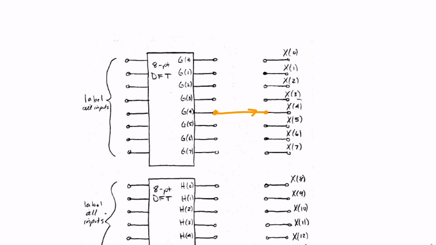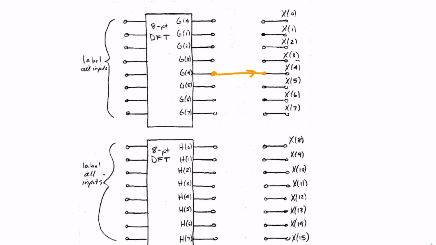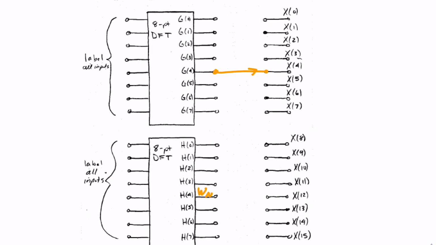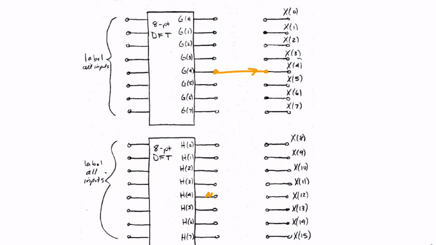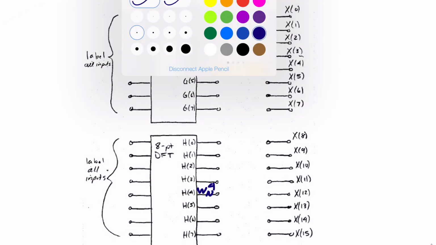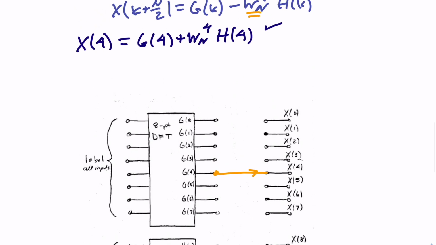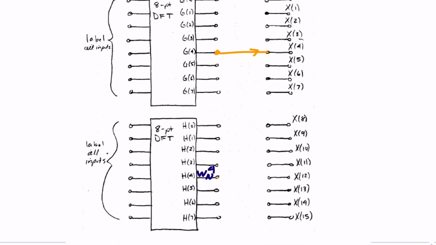So on H4, I would have Wn4. I'm going to change the color. I tap off from H of 4 multiplied by Wn4, so this comes from here to here.